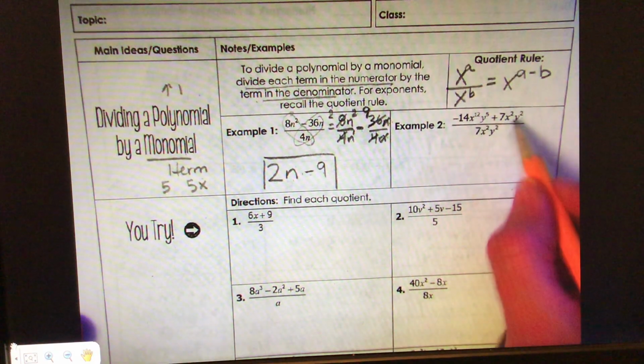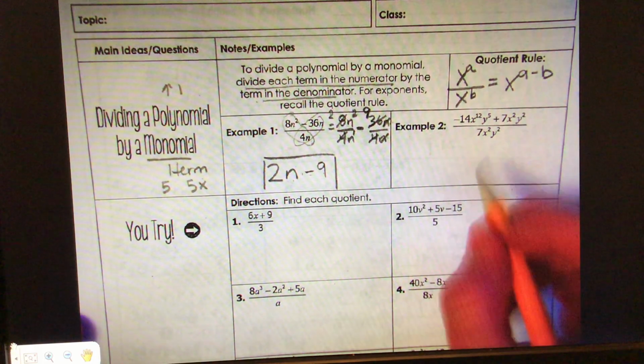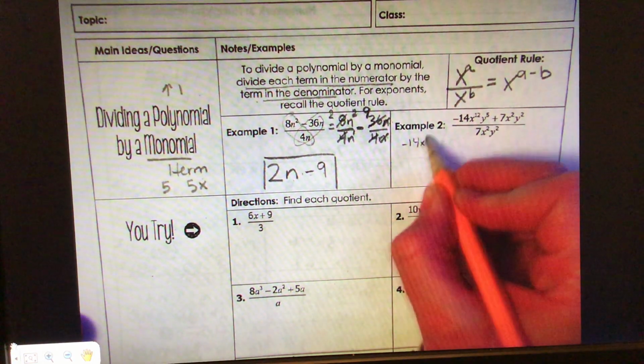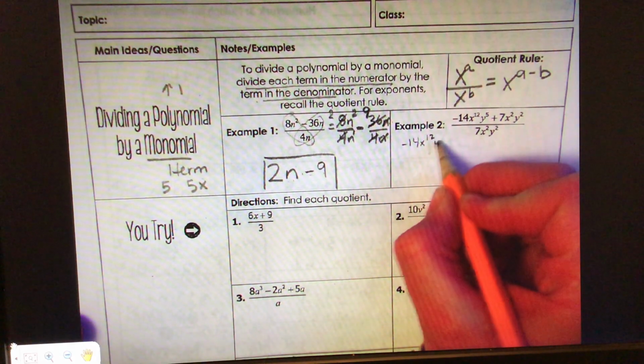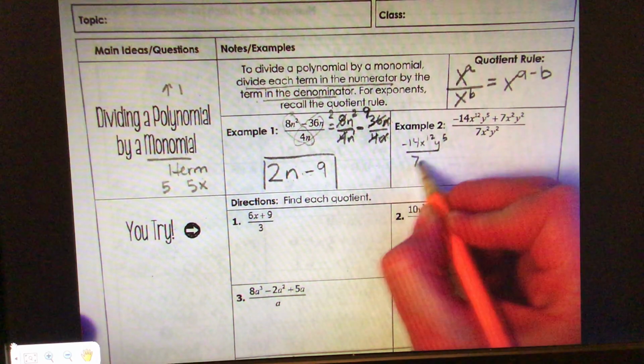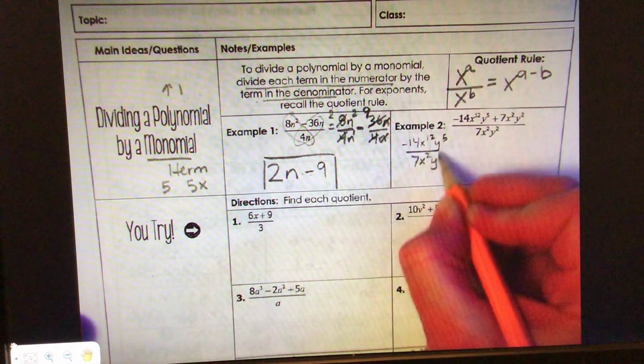Okay. Now let's go to the second example. So I could, in fact, rewrite this, which I'm going to. I have negative 14x to the 12th, y to the 5th, over 7x squared, y squared.